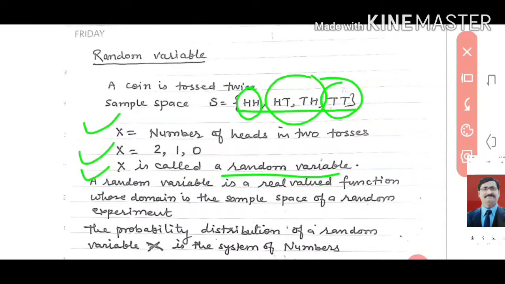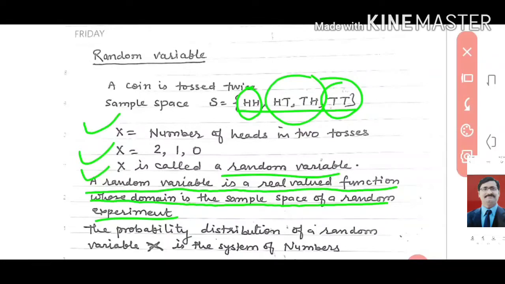Okay, so a random variable is a real valued function, where the domain is the sample space of a random experiment. We do a random experiment, and for that there is a sample space, and from that we can take different random variables. The probability distribution of a random variable X is a system of numbers.